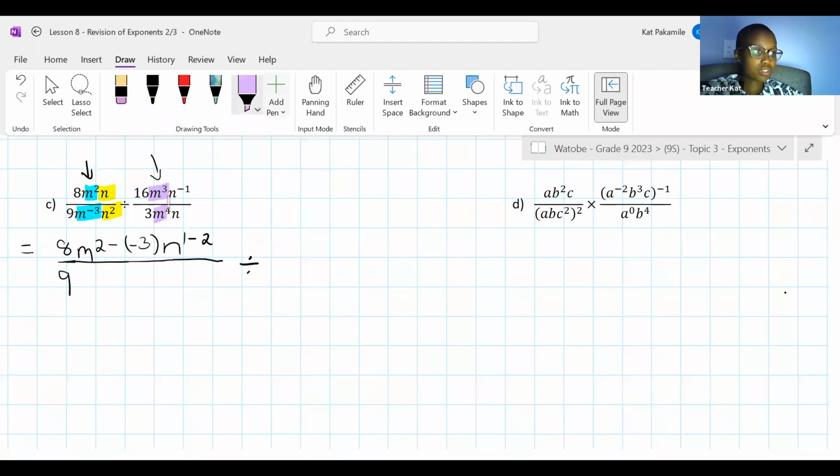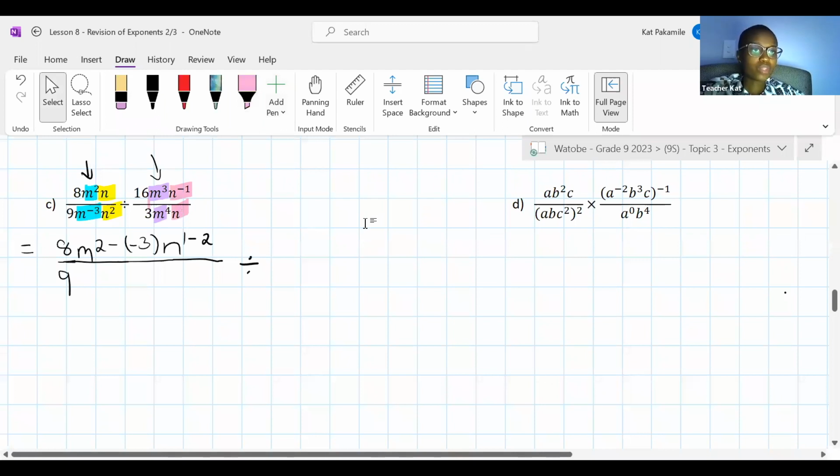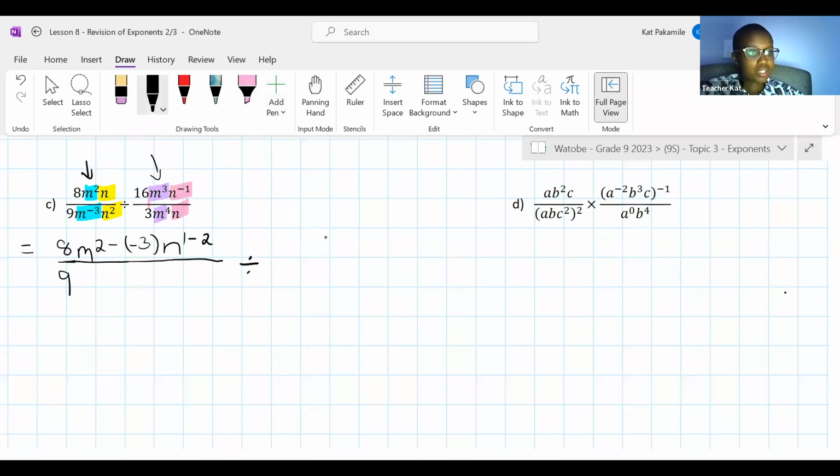Now we deal with this fraction. Same thing. We have an m and we have an n. Just watch, okay? Divided by 16 over 3. I'm not doing anything to the numbers, guys. I'm just rewriting them. We're dealing with exponents first.